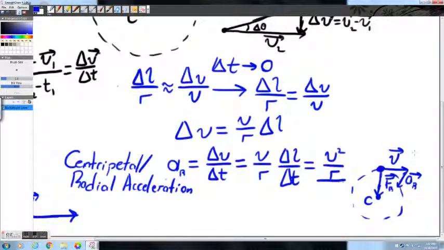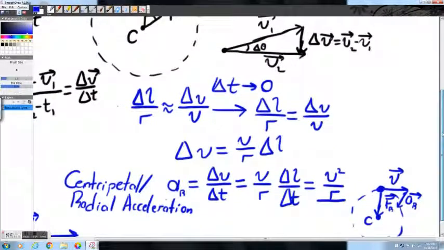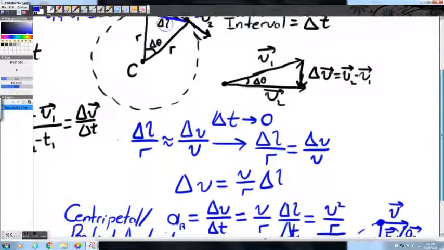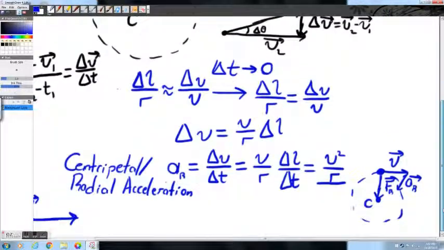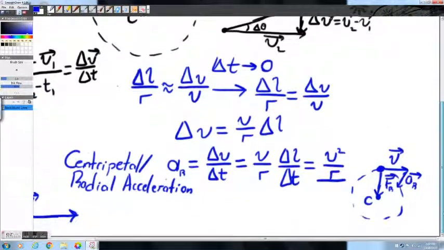The circumference of a circle of larger radius is going to be larger, so in a given time, it will cover less of an arc.